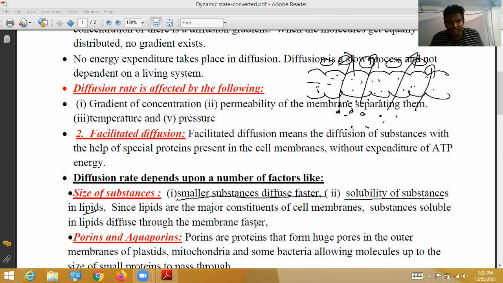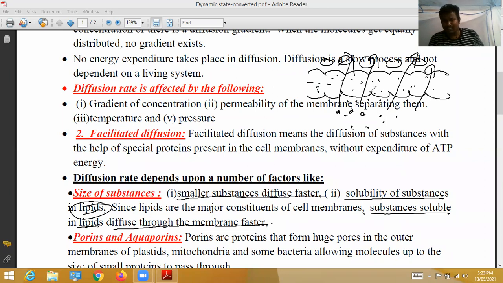So those substances must be soluble in lipids. Since lipids are the major components of cell membranes, which we already discussed are made up of lipids, proteins and carbohydrates, the ratio of which varies in various cell membranes, substances soluble in lipids diffuse through the membrane faster.